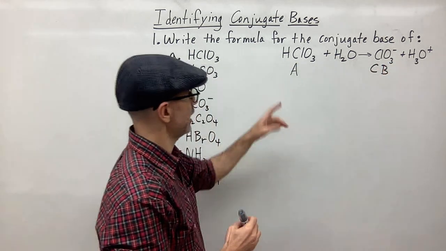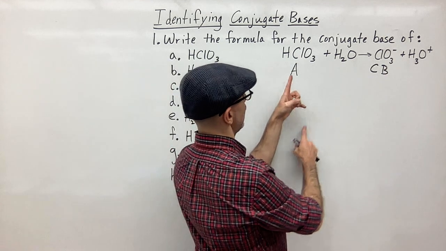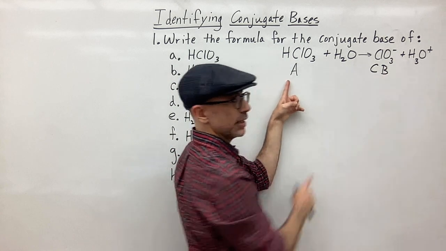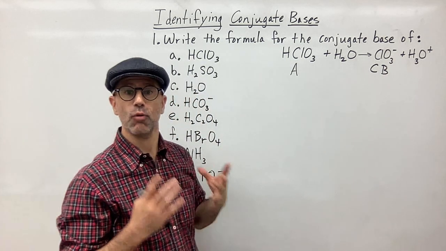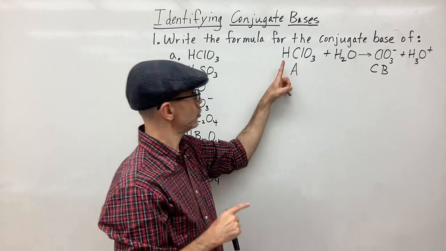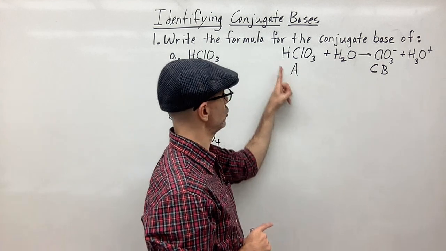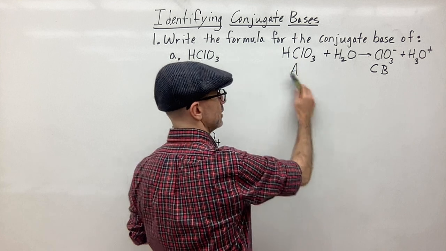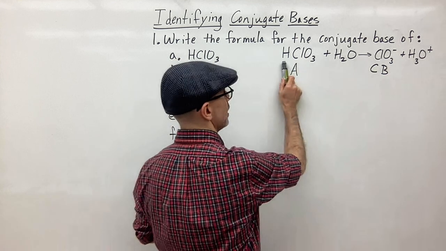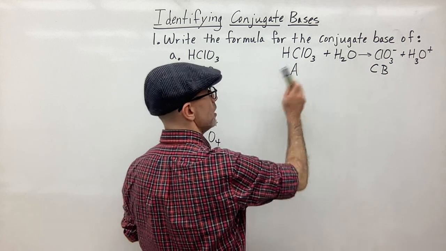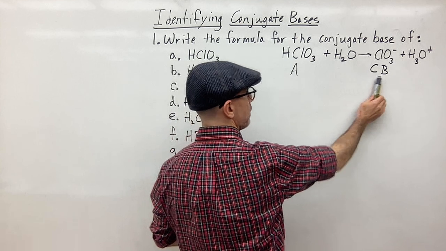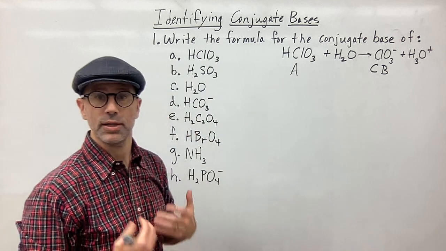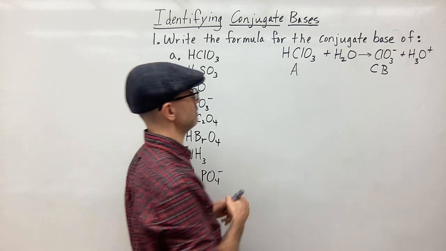The key here is that the difference between the acid and its conjugate base is the transfer of one hydrogen. In order to get your conjugate base, you're going to lose the hydrogen from the acid.